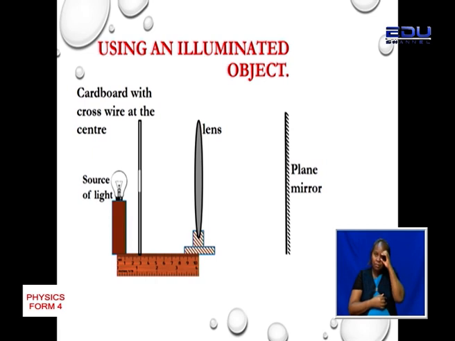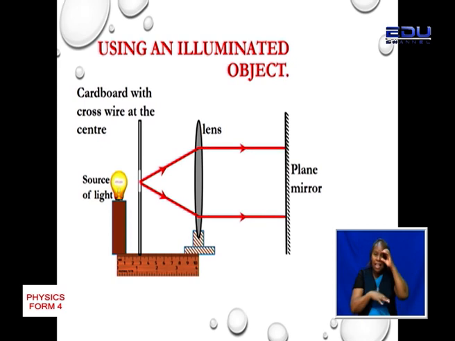So the first thing that we do is we need to illuminate the cross wires by lighting the bulb. As you can see, our bulb has been lit, and the rays are coming from the object and they are hitting the lens, and they proceed on to the plane mirror.